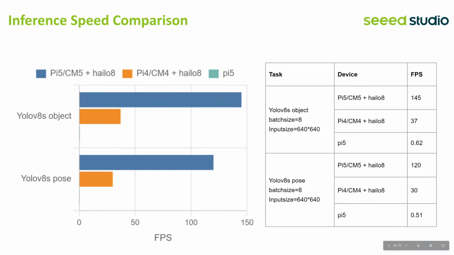You run it on both the Raspberry Pi 4 or CM4 and Raspberry Pi 5, and compare the performance with and without the Hailo-8. If we take object detection as an example, the FPS jumped from 0.6 all the way to 145. That's actually pretty amazing.